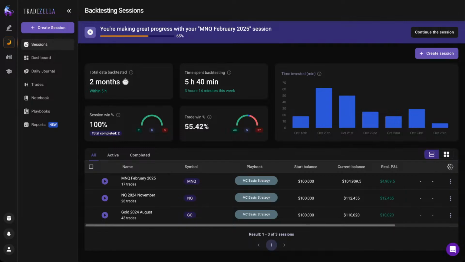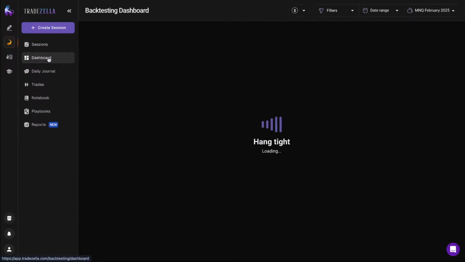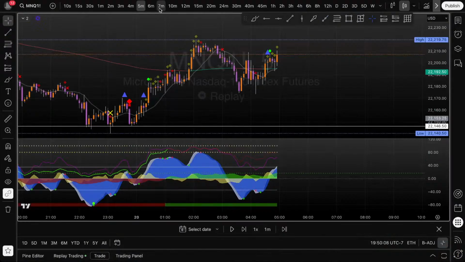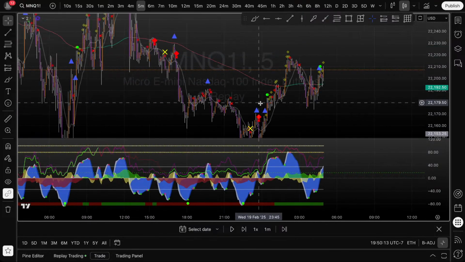All right. Here we go. Move into the dashboard. Yeah, we're in Thursday. We took 2 trades Wednesday. That brings us to Thursday, New York session. Here we are, 5 a.m. Thursday. Lock and load.